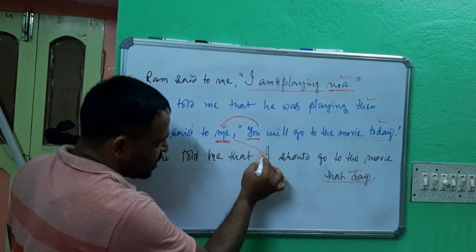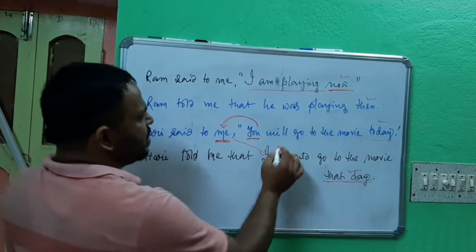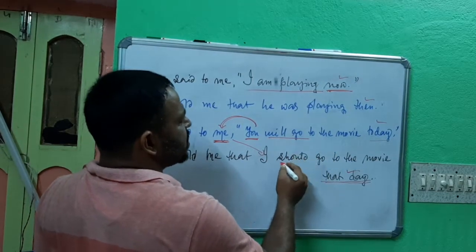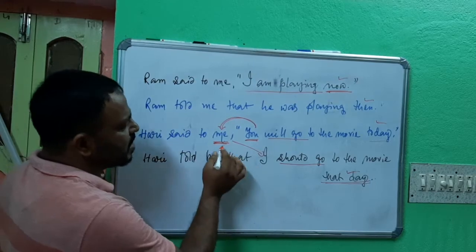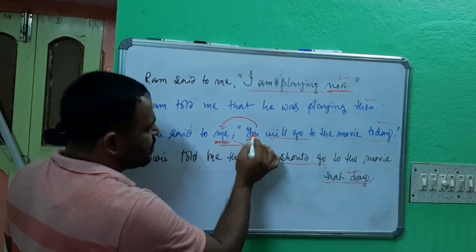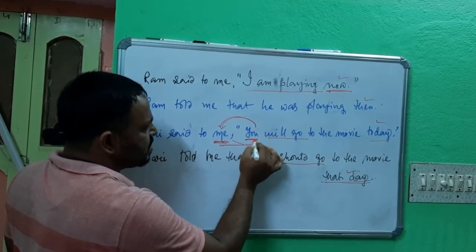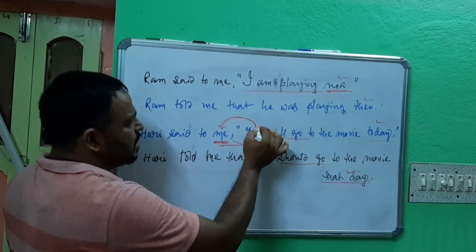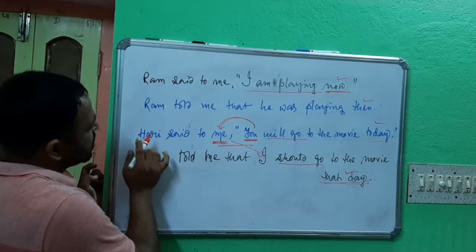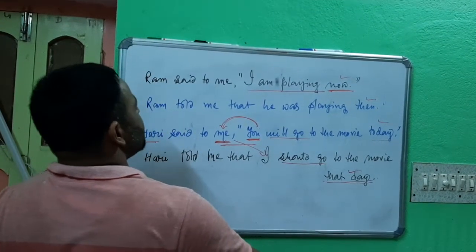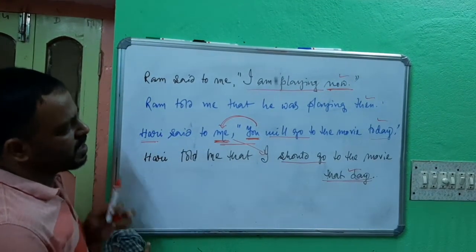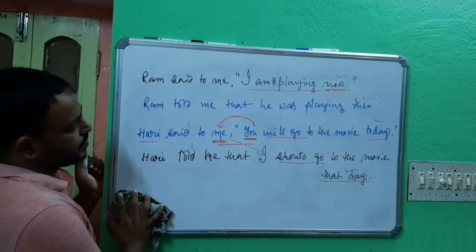And the verb would be changed according to the rule. But the difficulty that students face generally in such places: if the speaker is first person, it would be converted according to the subject, that is Hari. And here it is second person, so it will be changed according to the second person.